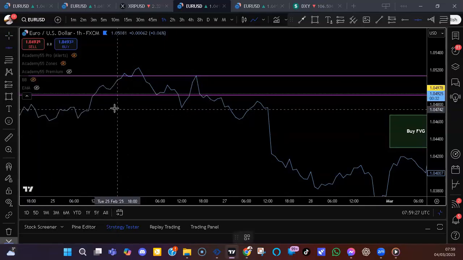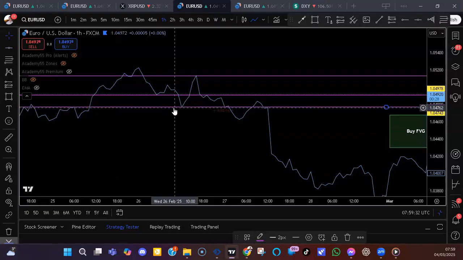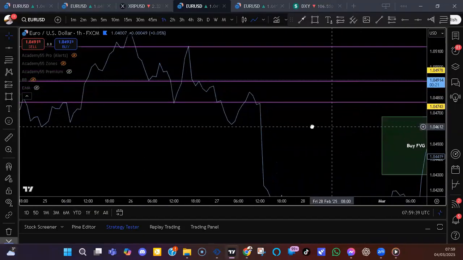Horizontal line. Touch there, touch there, touch there. So that indeed is an important area as well.